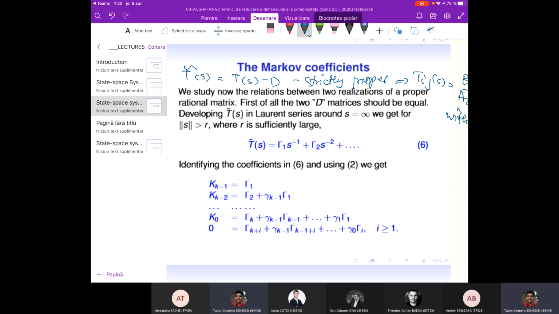So we take a Laurent series of T around s equal to infinity, and we get, for any s with a norm strictly larger than a specific radius R, where R is sufficiently large, so where you don't have discontinuities. Usually when you take this Laurent series, you have to take it in an area where there are no discontinuities.